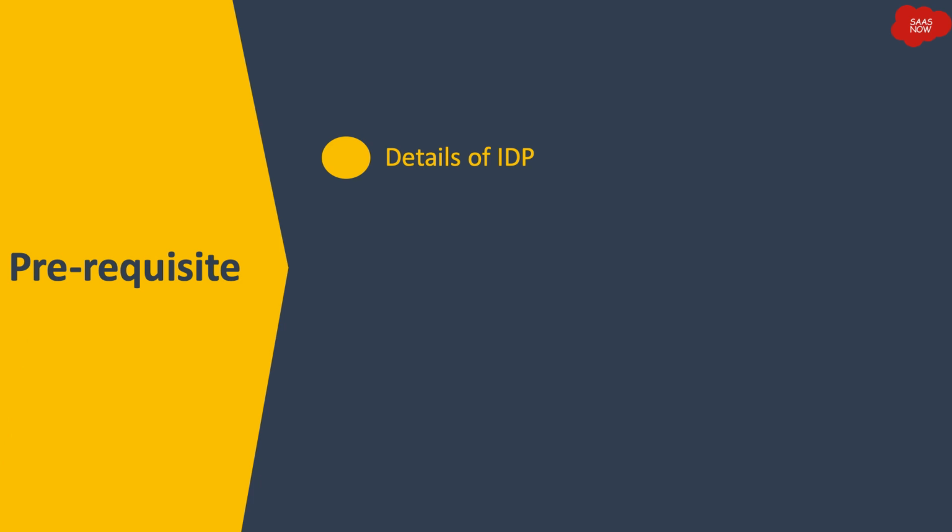So overall, you have to store the details in ServiceNow for your SSO provider, for your identity provider. And another one is metadata from ServiceNow. So you also need to store that information about ServiceNow in the single sign-on provider configuration, so that both the platforms can communicate and integrate with each other and they can talk to each other.